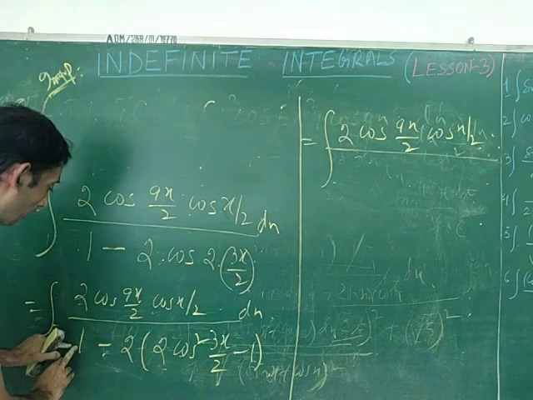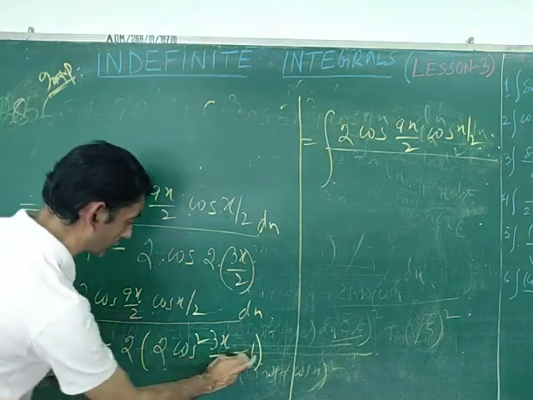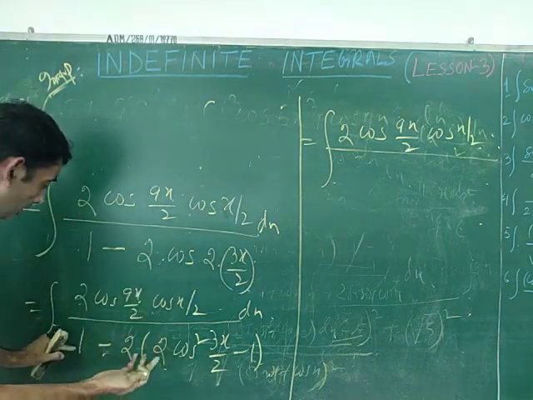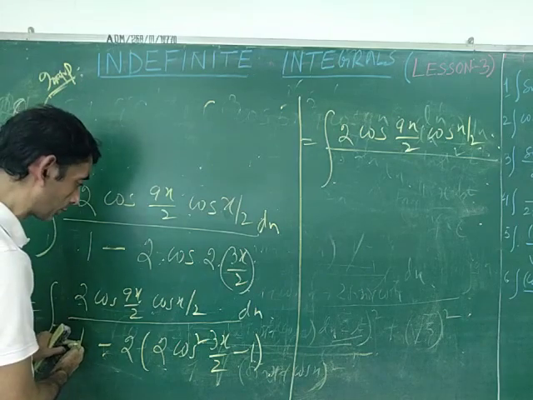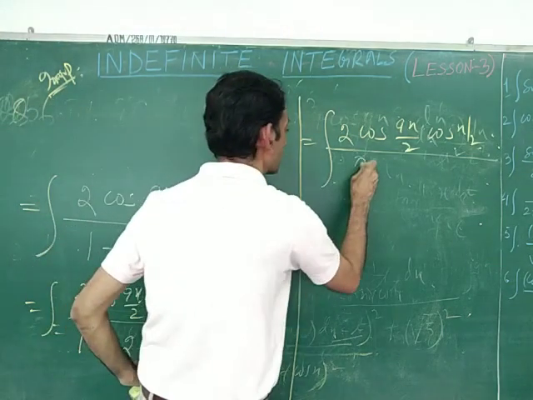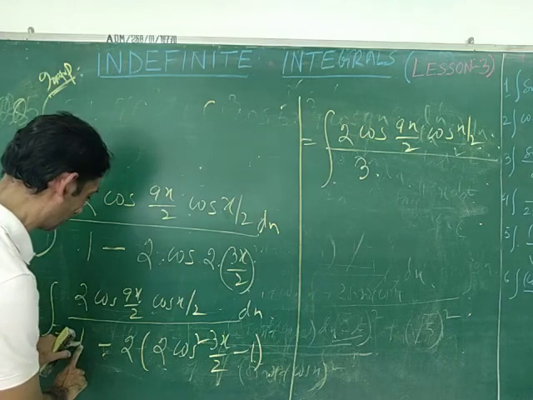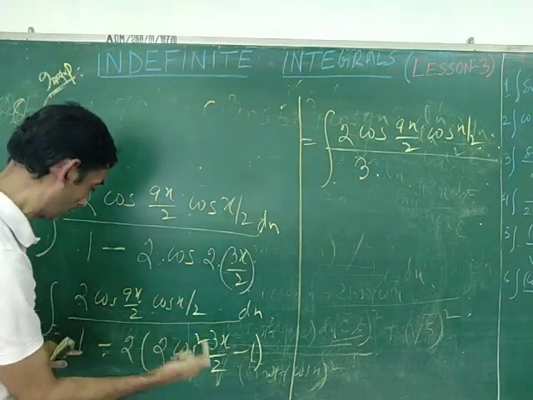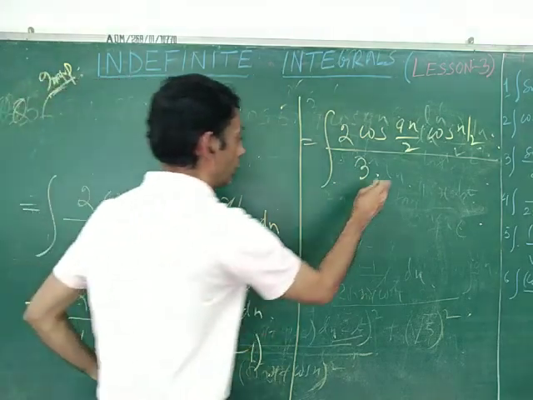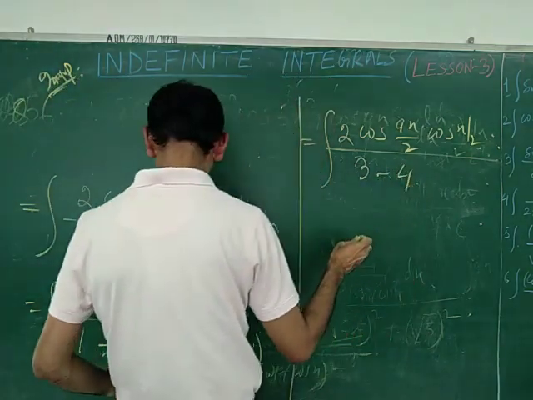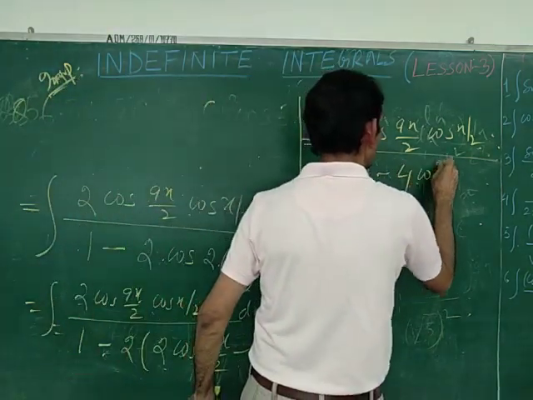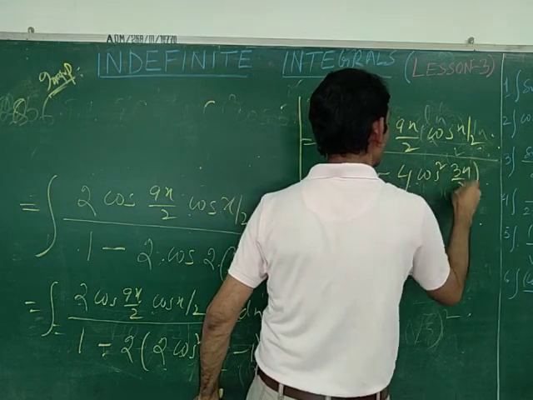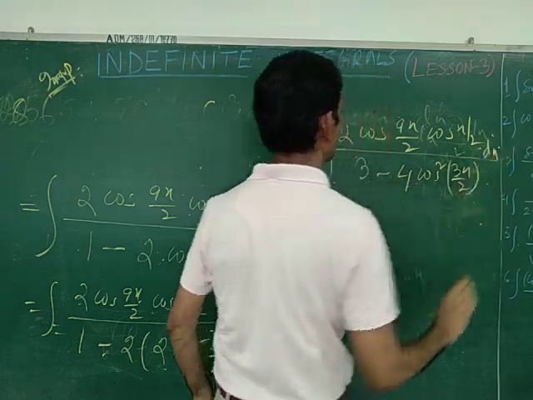This is 1 and this is minus 2 into minus 1, which gives us plus 2. Plus 2 plus 1 is 3. That's the constant term 1, and the last term, minus 2 into minus 1, is plus 2. 2 plus 1 is 3, and minus 4 cos squared 3x by 2, dx.